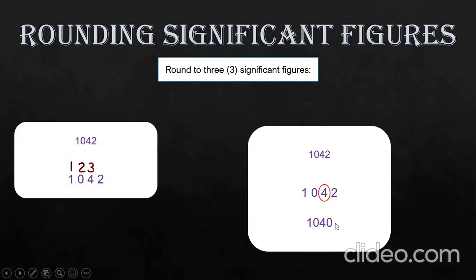And this 0 that we're putting is very important because with significant figures, we want to make sure that we're maintaining the highest place value. The highest place value in this number was thousands. Without this 0, the highest place value would have been hundreds. So we need to put it there as a placeholder so that the highest place value is maintained at thousands. Unlike with decimal places, where we wouldn't have put anything there, for significant figures in a whole number, we need to put the 0 there as a placeholder.